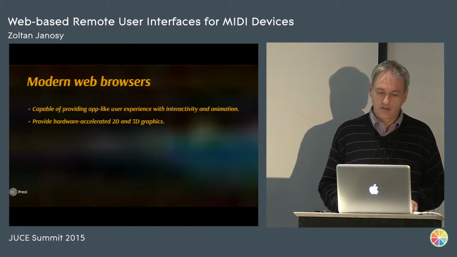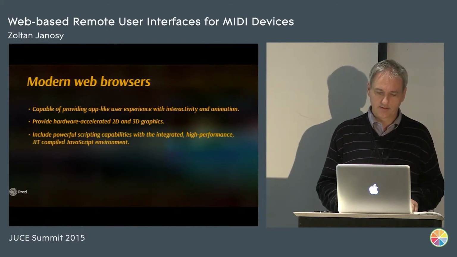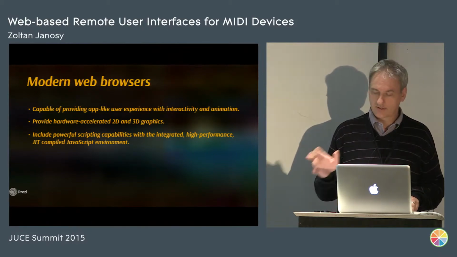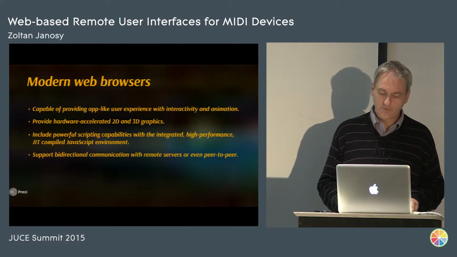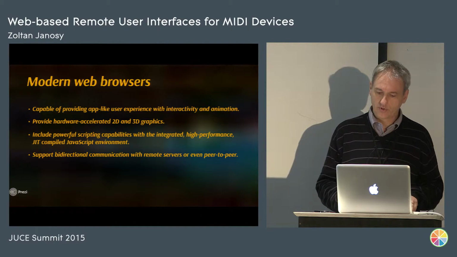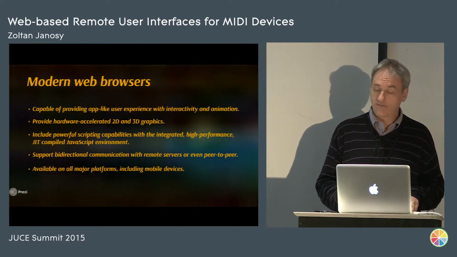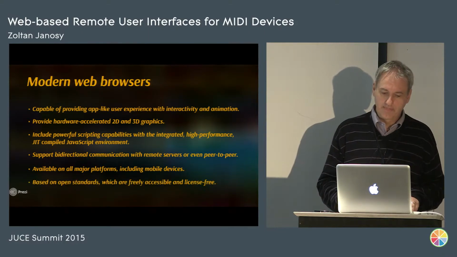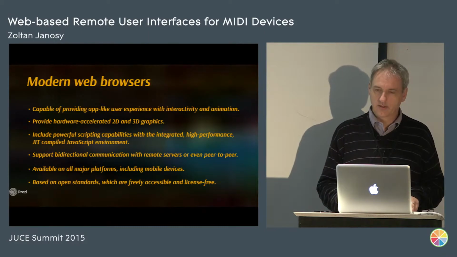They provide hardware-accelerated 2D and 3D graphics. They include powerful scripting capabilities with just-in-time compilation. They support bidirectional communication. They are available on all major platforms, including mobile devices. They are based on open standards, which are free and license-free.